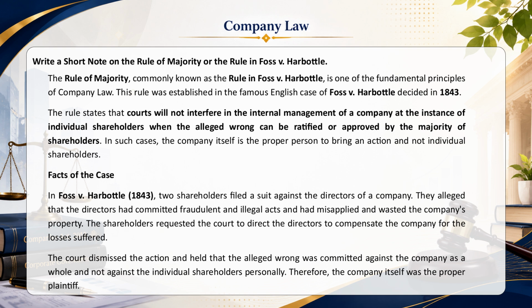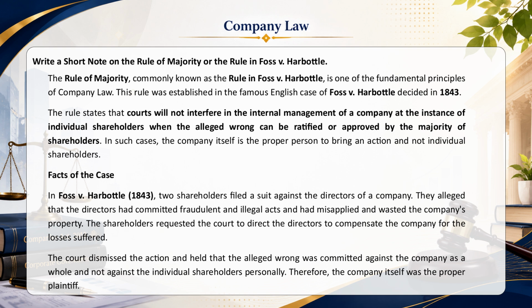Facts of the case. In Foss versus Harbottle, 1843, two shareholders filed a suit against the directors of a company. They alleged that the directors had committed fraudulent and illegal acts and had misapplied and wasted the company's property.